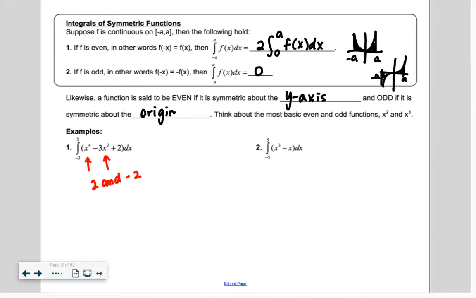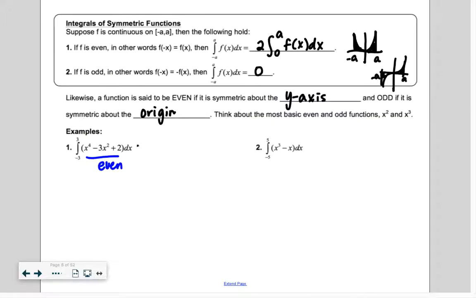Do you get the same thing? Yeah, because 2 to the fourth is the same as negative 2 to the fourth. Or even look at the degrees: we have 4, 2, and this is 2x to the 0. Those are all even powers, so it has to be an even function.